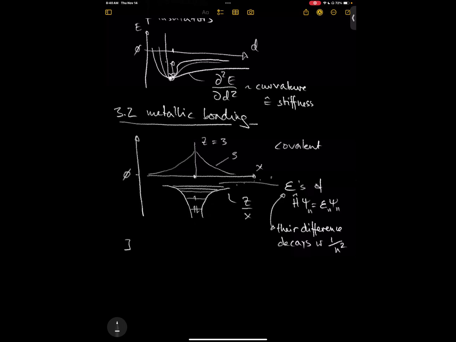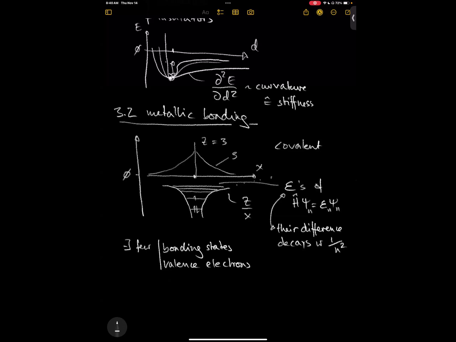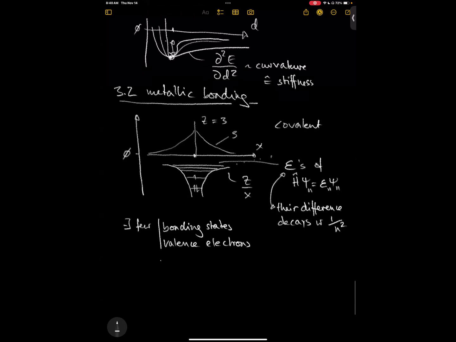So there are few bonding states and valence electrons in a rather stiff potential.